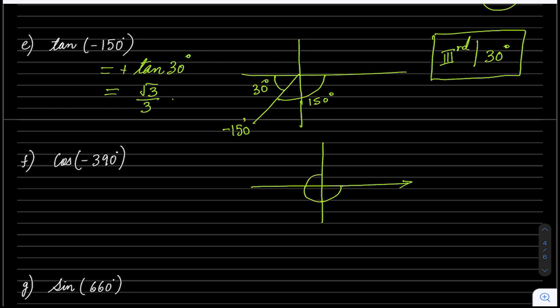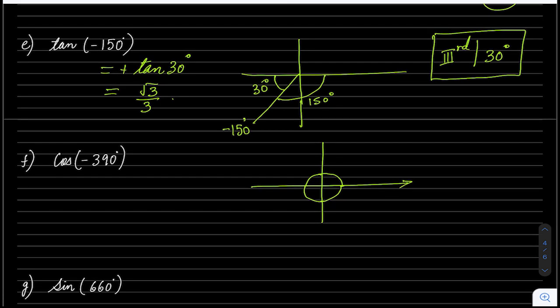So this is 90, 180, 270. This is minus 360. Now again then go 30 degrees more. So when you go 30 degrees more, from this, you will reach our angle that is minus 390.